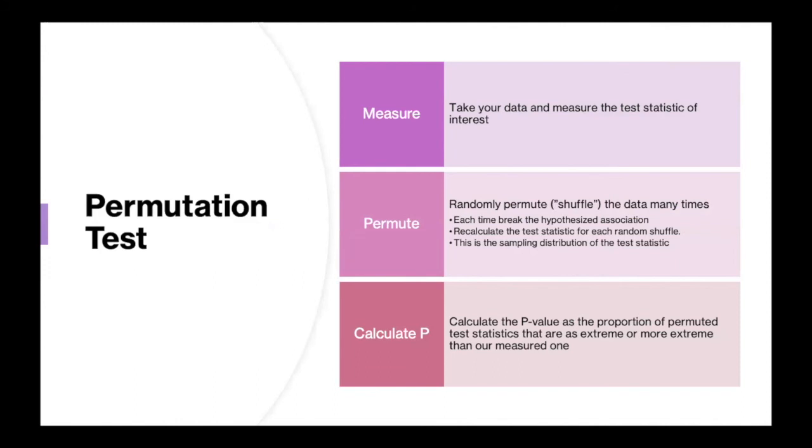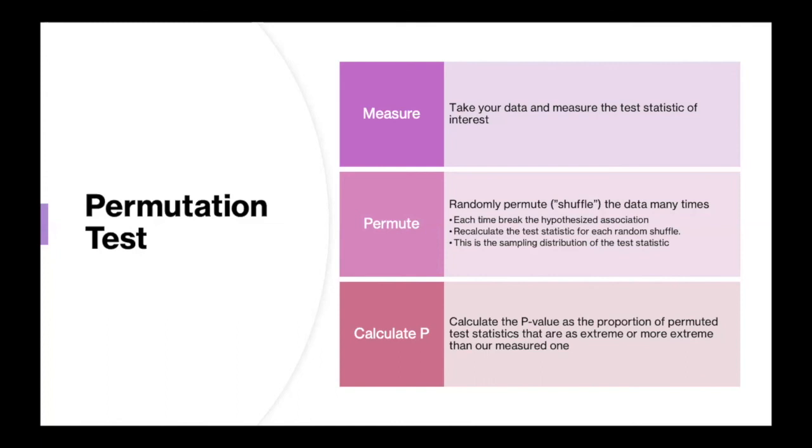And once we've reshuffled the data, we recalculate our test statistic. And if we do this many, many times, we now get a distribution of test statistics from our own data that we can then use as our null sampling distribution.